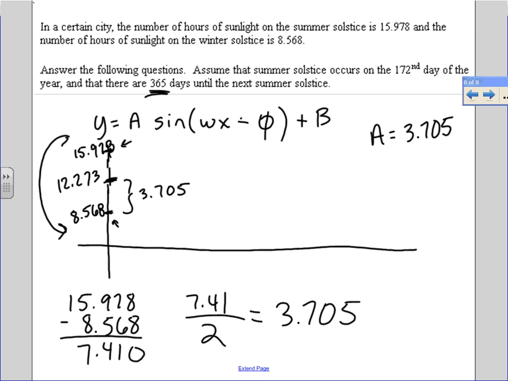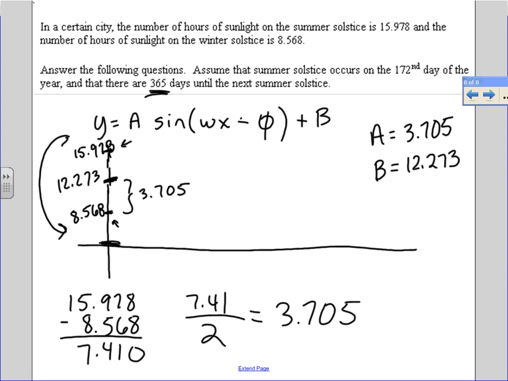Now, that actually tells me something else. The graph has been shifted up from the x-axis to that point. So think, what does that value represent? That's our vertical shift. So our B, or our vertical shift, is going to be 12.273.